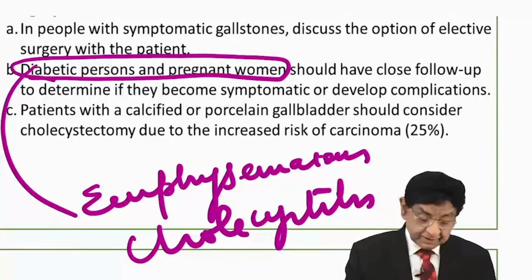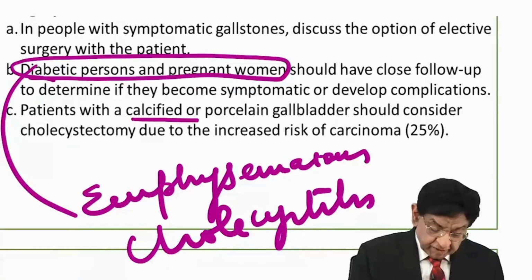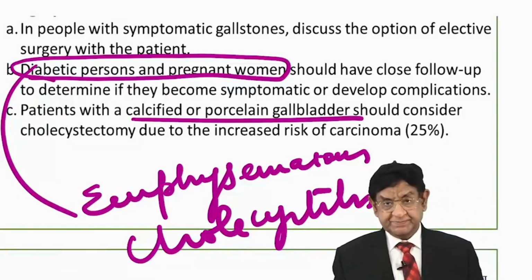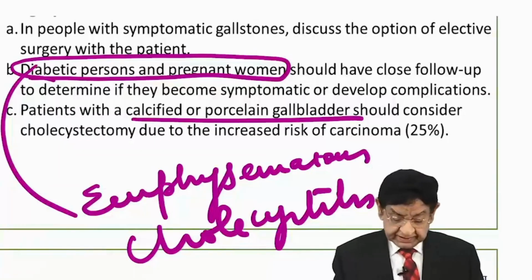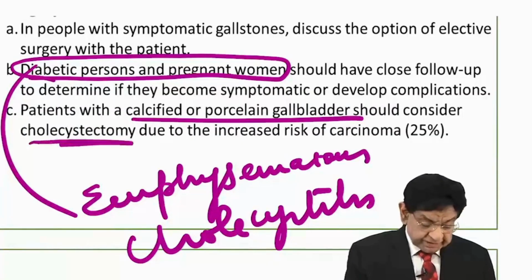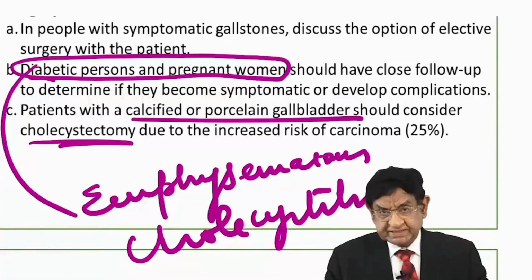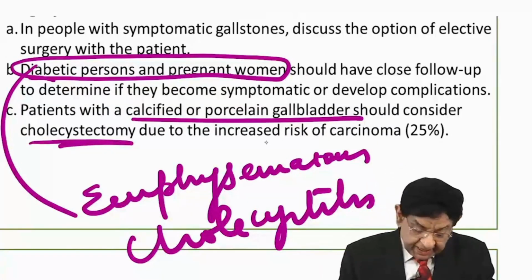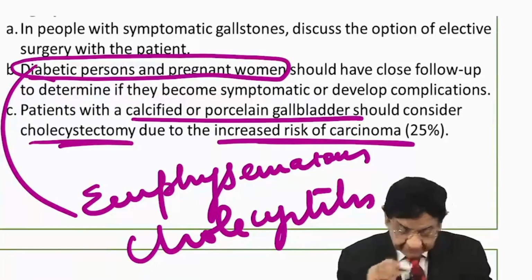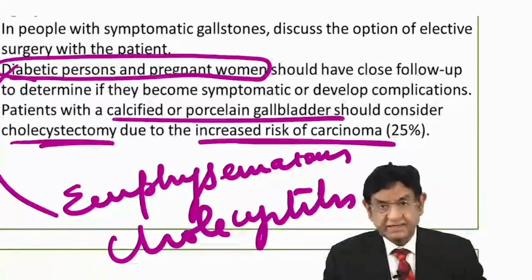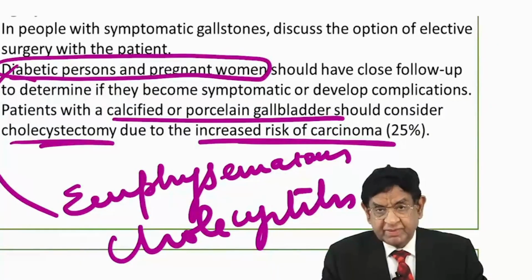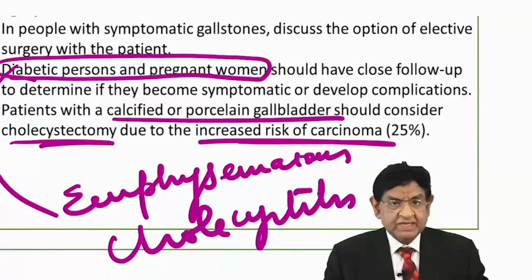Well, if the patient has a calcified or porcelain gallbladder, they should be considered for cholecystectomy, removal of the gallbladder, even if they may not have any symptoms. Why? They are the ones with increased risk of cancer. When I discussed the complications of the gallbladder, one of them was carcinoma.